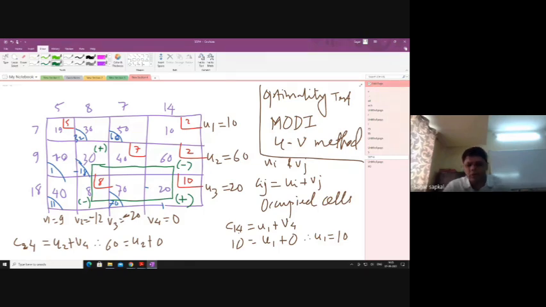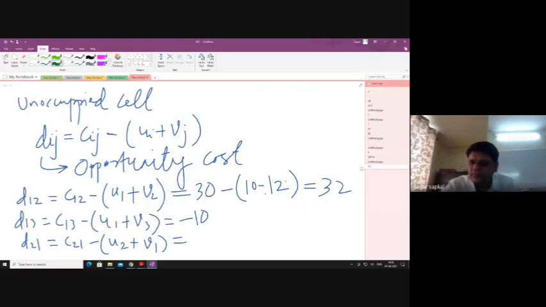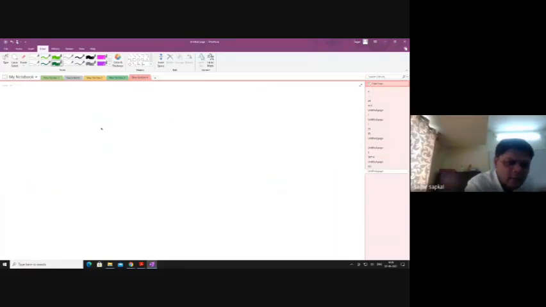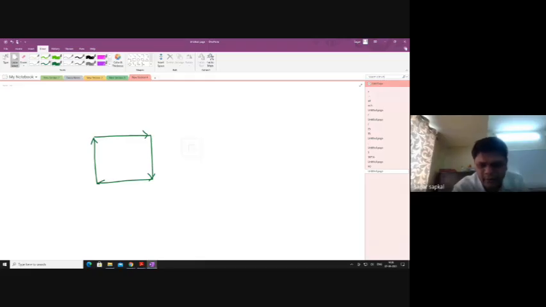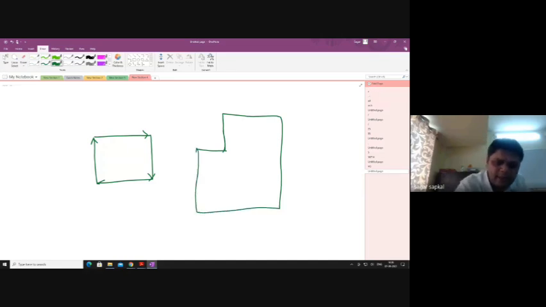Are you getting? So the loop can be drawn starting from one cell, going in one direction, taking a turn, coming return back to the original cell. This is one way to draw the loop. If suppose I am starting from here, I get one occupied cell here, another occupied cell suppose here, another occupied cell here, another occupied cell here, another occupied cell here, and I am returning back where I have started, then this is also a closed loop.